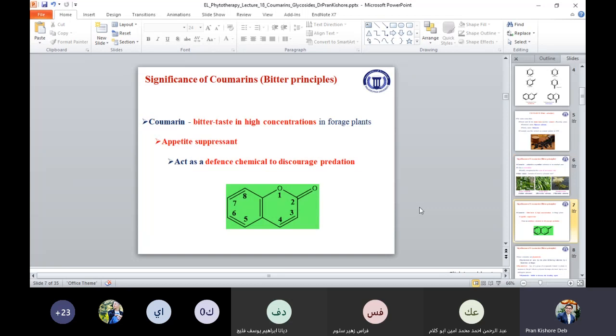Now coming to another contrasting characteristic of coumarin. They have a sweet smell, but they have a bitter taste. So coumarin tastes very bitter in high concentration in forage plants. So what is the purpose of this bitter taste? The bitter taste is to protect the plant, or suppress the appetite of the predators.